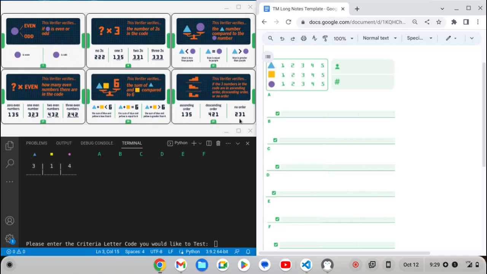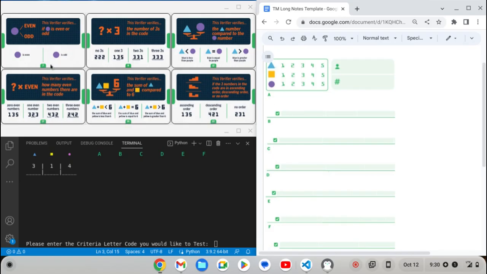There's neither an increase nor decrease from 2 to 2. So again, that's another way to define no order. And remember, the objective of today's puzzle is to find that unique 3-digit code that abides by all of the 6 criteria cards we just discussed. And we're going to start off with an initial proposal of 314.